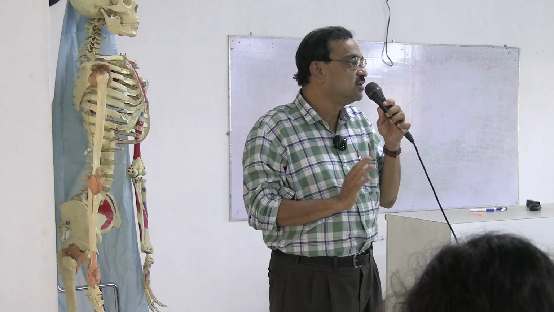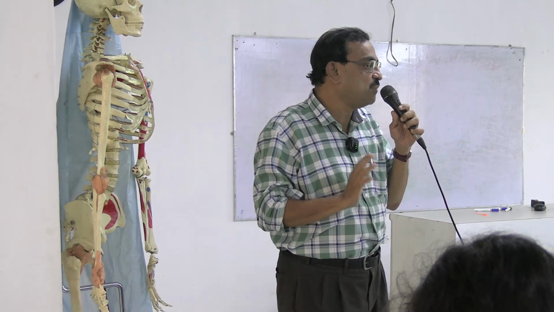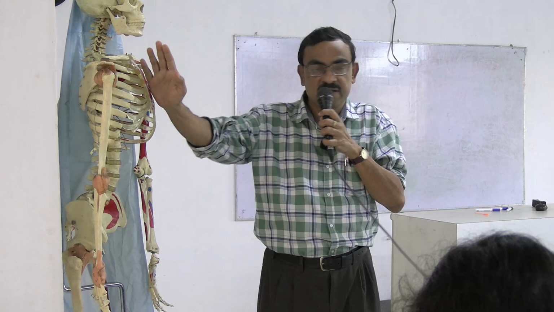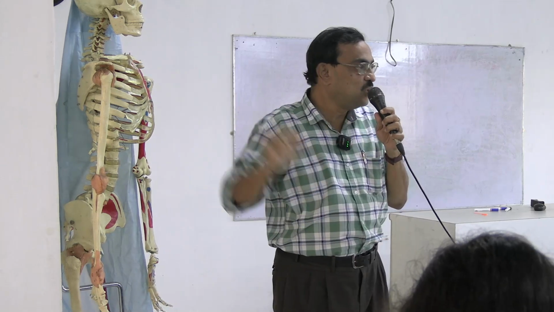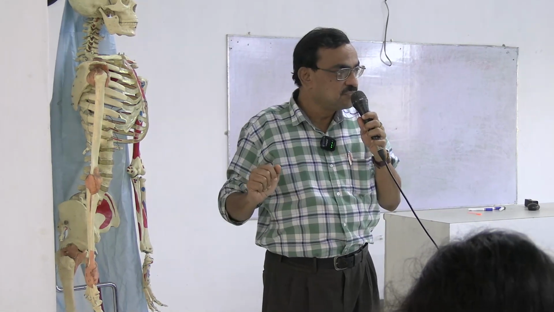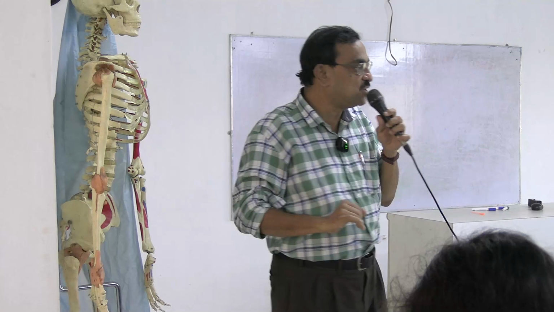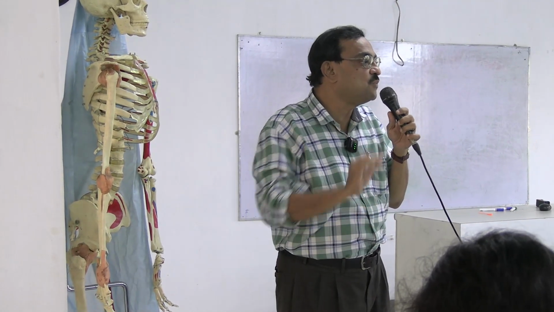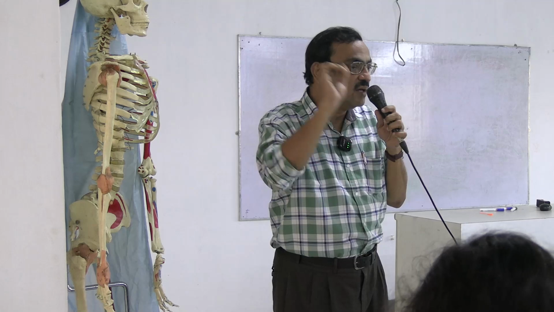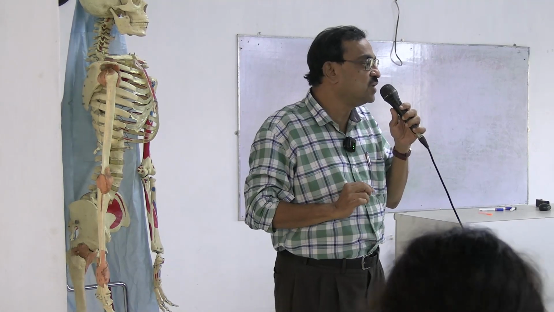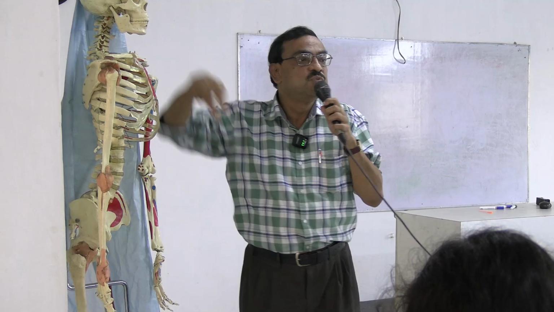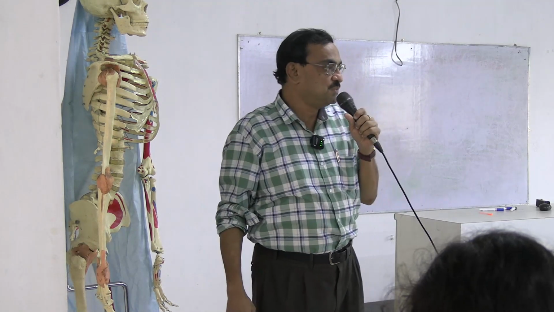In this dissection of the clavipectoral fascia, we will first encounter the skin. We will remove the skin, then we will get the superficial fascia. In the superficial fascia, we will get fat and several cutaneous nerves, and here we will get the supraclavicular nerve.